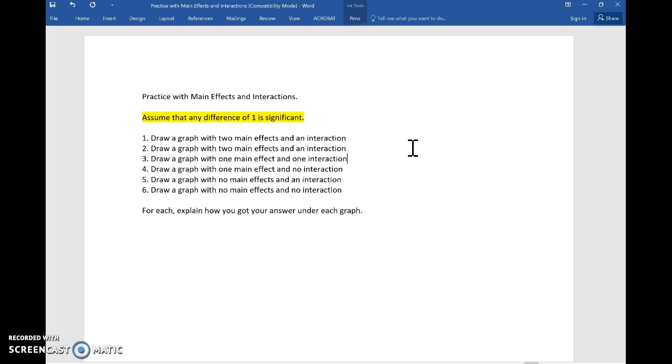It's just for ease of math, I picked 1 in this case. So in articles that you read, you could have differences of like 0.3 or 7.9, and those are what makes it significant. So don't treat this number 1 to be anything special other than just the fact that it's a number.